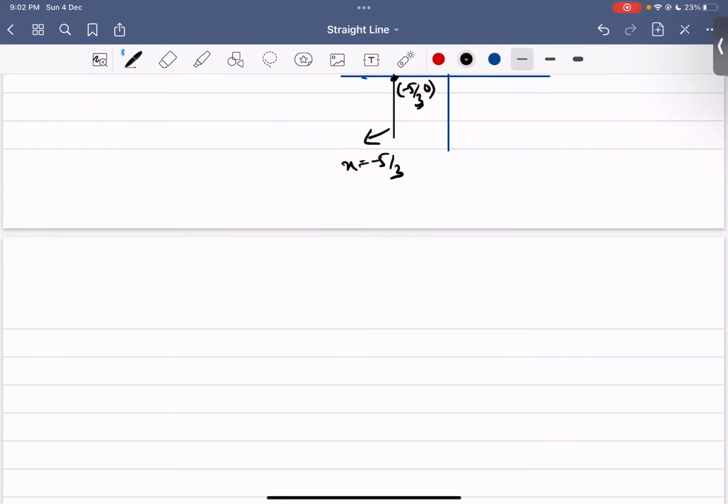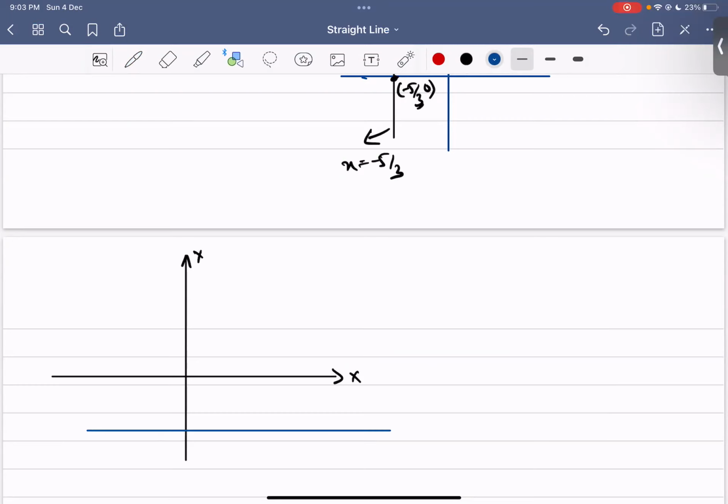Similarly, for a horizontal line, suppose y is equal to constant. Suppose, for example, this is the x-axis and y-axis. Suppose the line is like this. Suppose this passes through the fourth quadrant, and 2 comma minus 4 is given, for example.